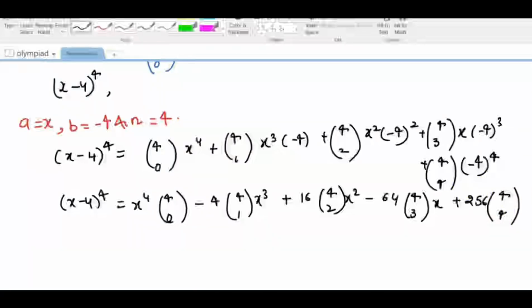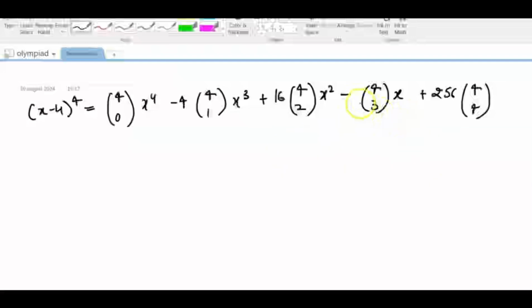Okay, so let's write this equation. Now let's solve these binomial coefficients first.